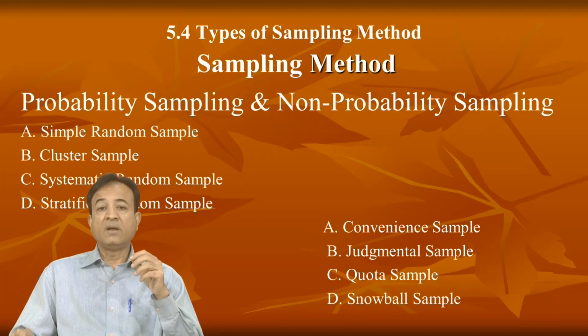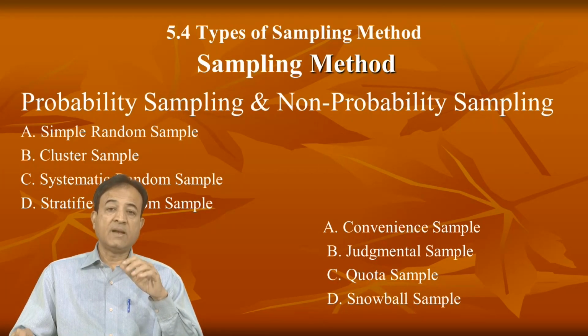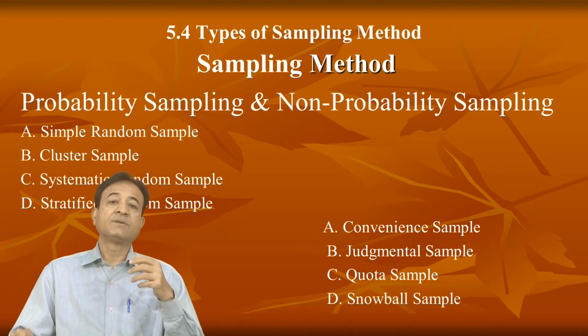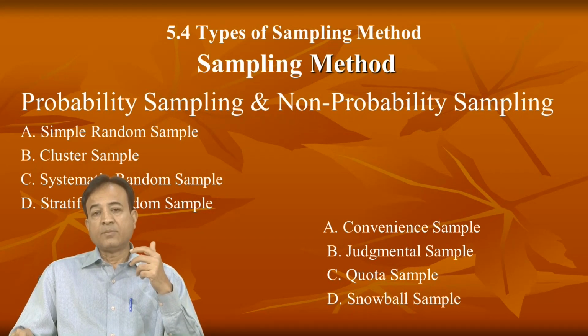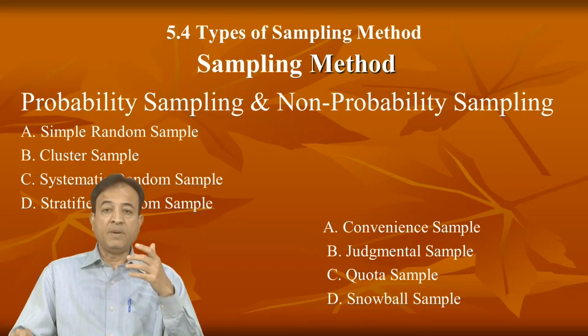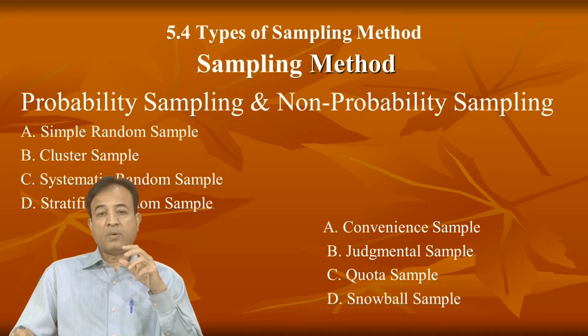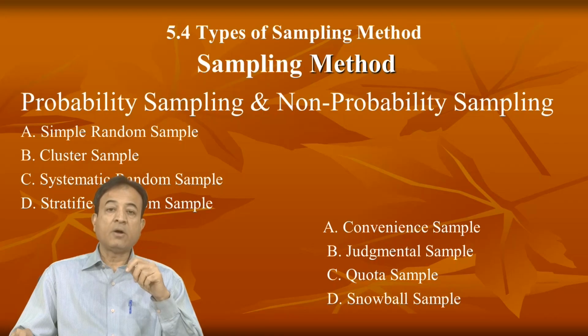Researchers have nearly no authority to select the sample elements, and it's purely done based on proximity and not representativeness.